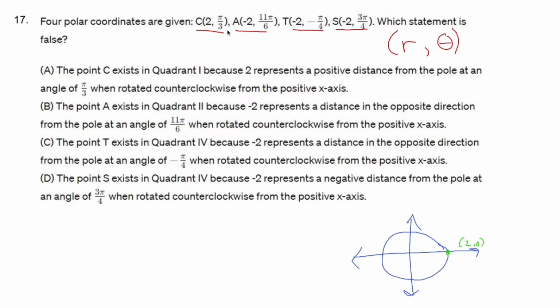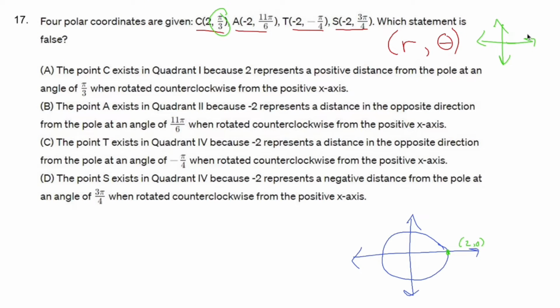Now, if I were to graph (2, pi over 3), I make sure that I know that the length of the line I draw, or the point rather, is going to be 2 units away from the center, also called the pole. This angle gives me a direction going counterclockwise from the positive x-axis.